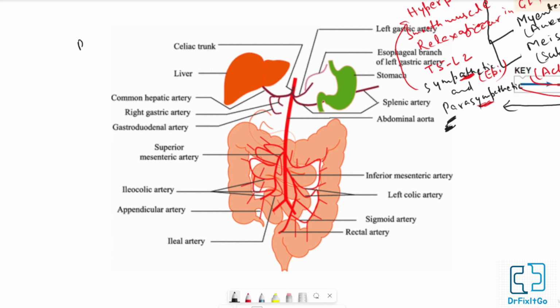Let's talk about blood supply of the GI tract. The following branches of the aorta supply blood to the GIT: superior and inferior mesenteric artery, ileocecal artery, left colic artery, sigmoid artery, appendicular artery, ileal artery, and rectal artery.